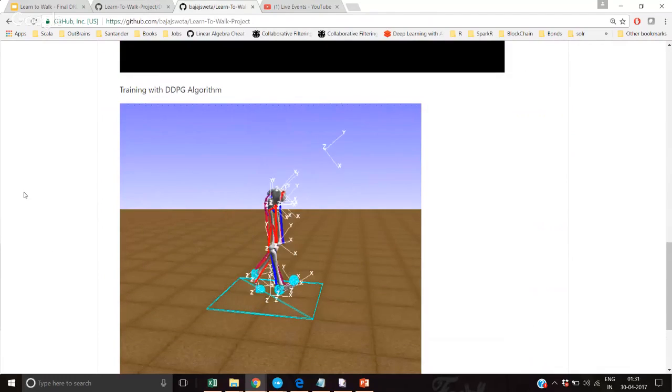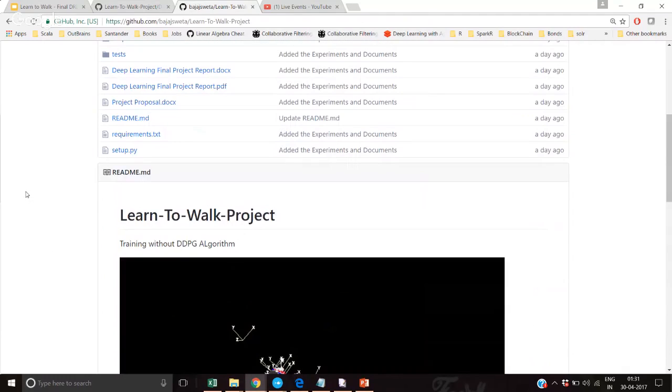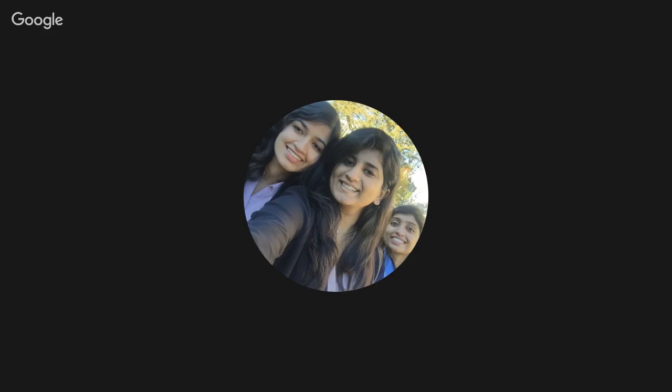Another folder which is important here is the demos and GIFs. These are some of the screenshots that I had taken while performing different algorithms. Suppose I had performed something on 10,000 steps, this is where it shows that I have performed the training on 10,000 steps, and when it was at 22,500, this shows that it's actually trying to walk and it's moving out of the normal range.